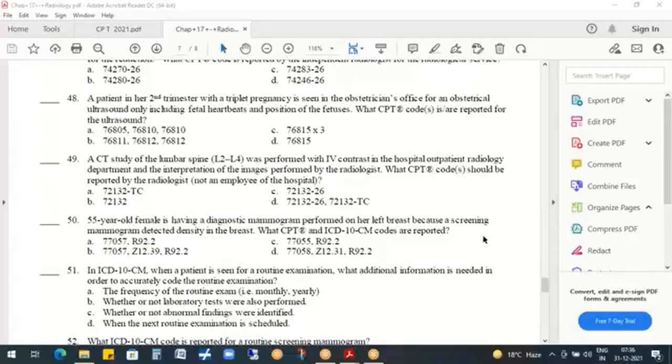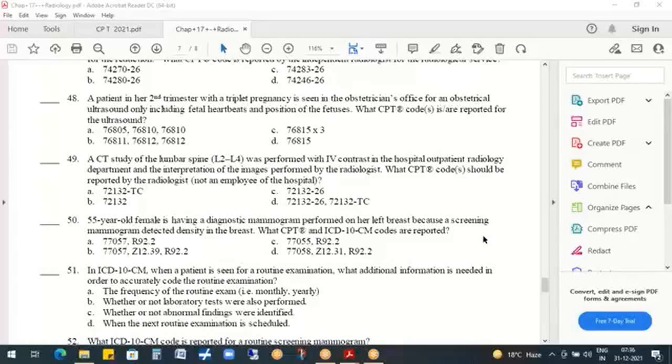Any questions in ultrasound of obstetrics when you are reading a code? Are you able to find out the answer? 76802 is an additional code. Each additional gestation means if the physician documents two gestations, we can add this code.